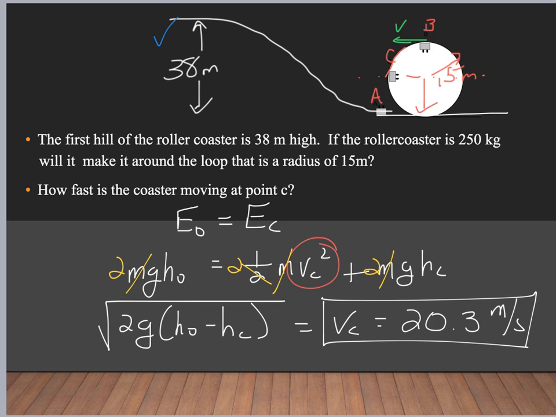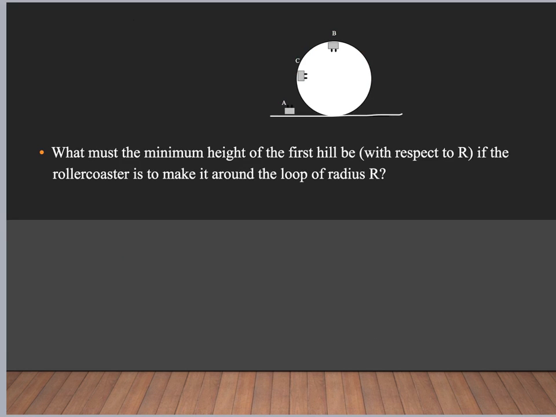All right, just one more example, and it's using no numbers. All right, so we have that roller coaster here, and this does have a certain radius that has a starting height, and we want to know what this has to be for the car to go around the loop of any radius.